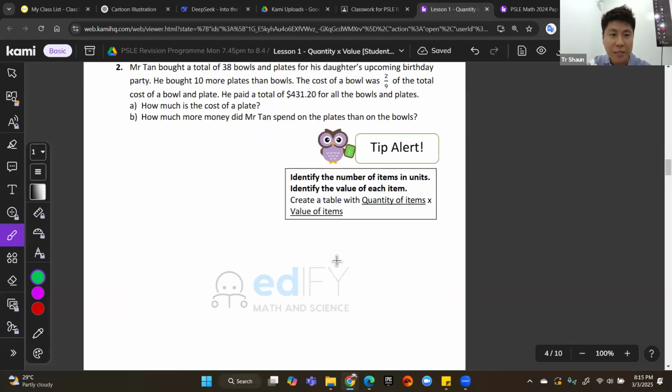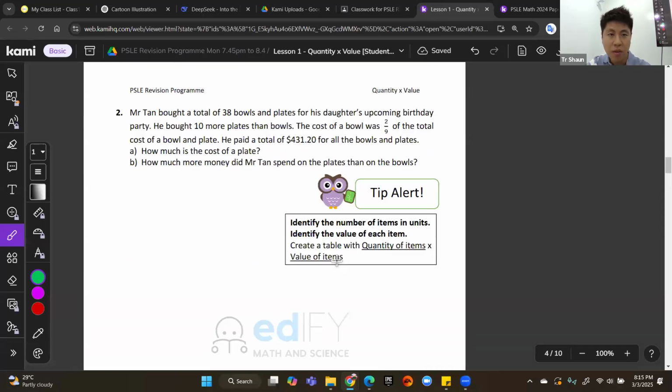Let's do question two first. Mr. Tan bought a total of 38 bowls and plates. So 38 is the total, the number of everything, so we circle 38. He said that he bought 10 more plates than bowls.